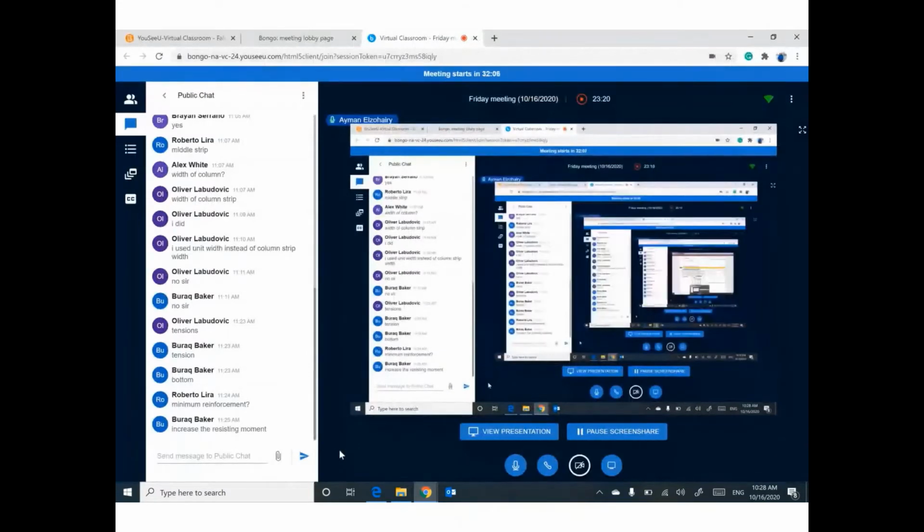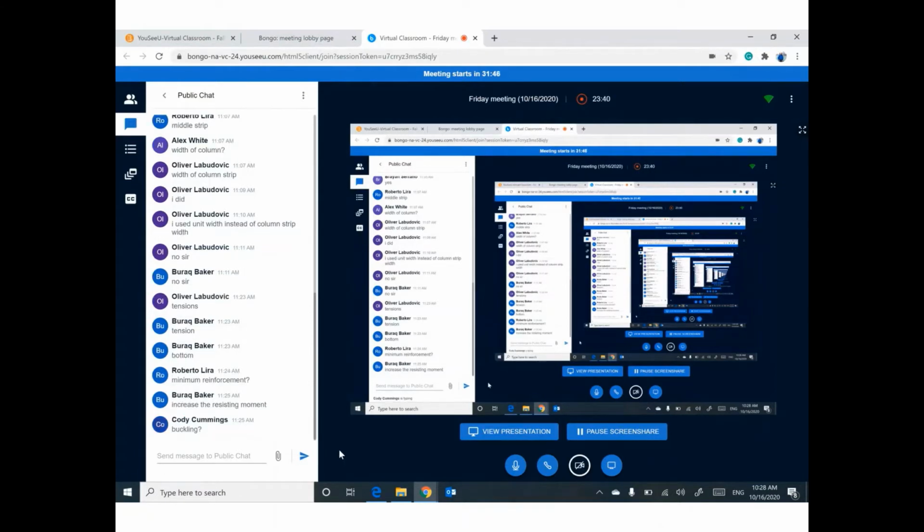The reinforcement is in compression and the concrete is good. Concrete is good in compression. Your column is a short column. Buckling is not considered. We don't have an issue with buckling.